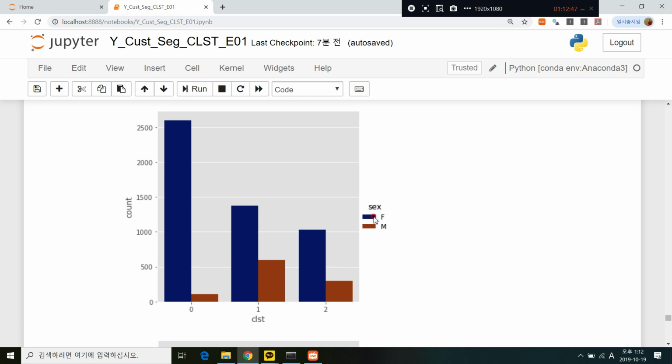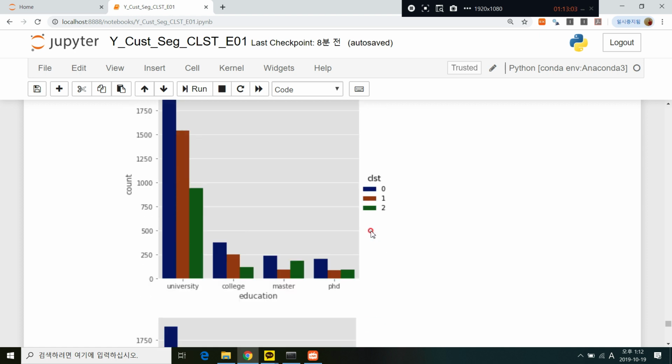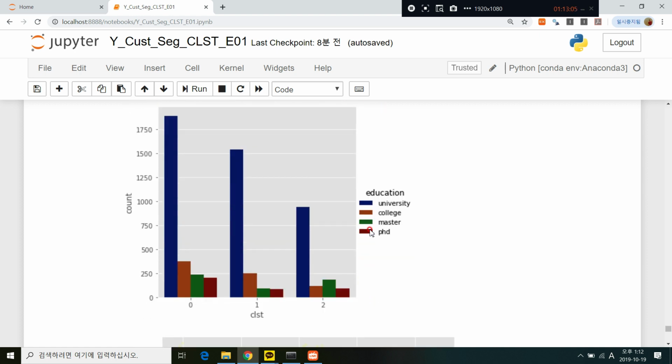Actually, this also is a categorical variable, even when it has only 2 classes. So we can easily encode it to a 0-1 scale. Education, university or PhD or college, whatever, has a little bit of impact.